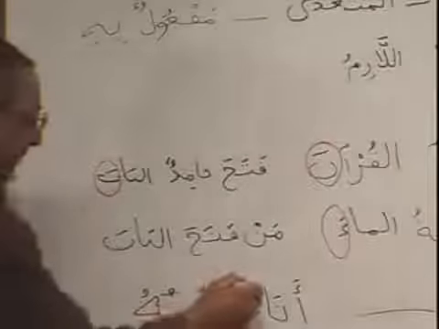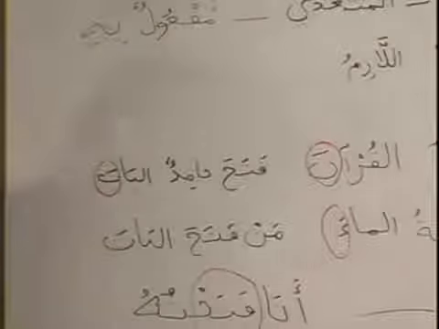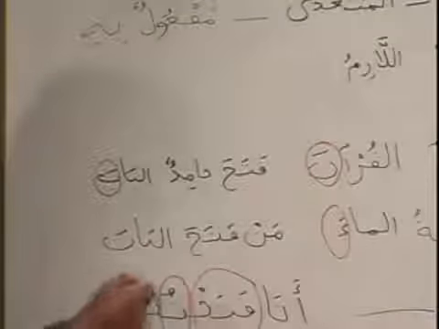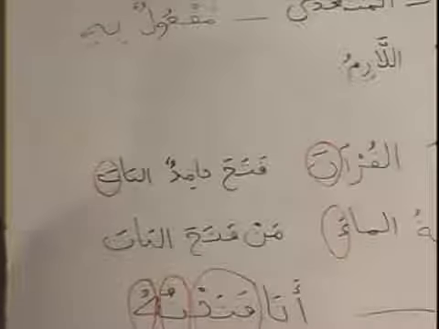Got the idea? So, fatahtuhu, brothers and sisters, break it down now. How many words are there? 3 words, brother. Fatah, fi'l. Tu, fa'il. And then hu, maf'ulun bihi.